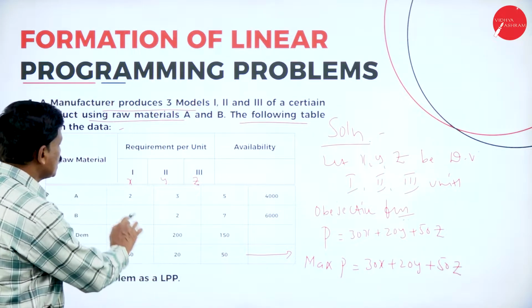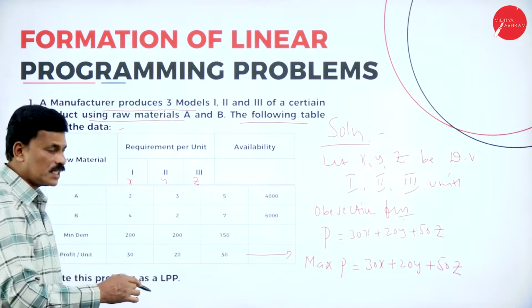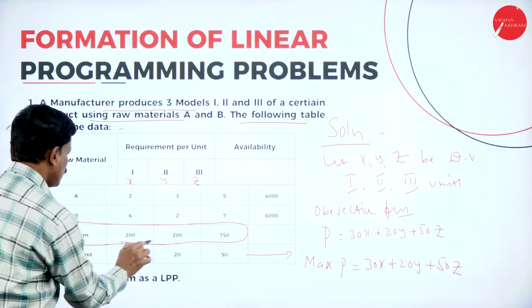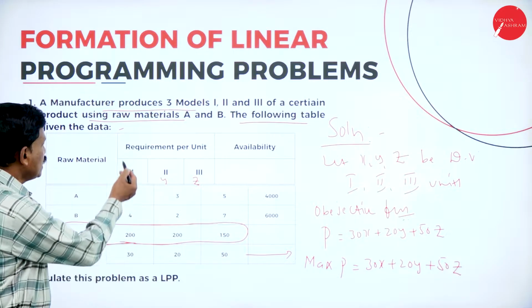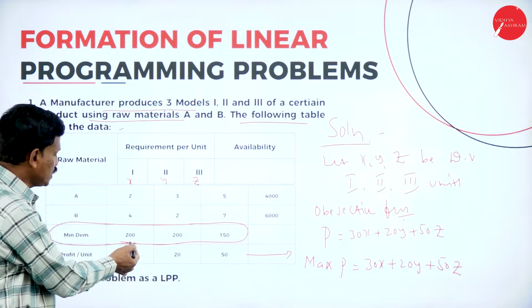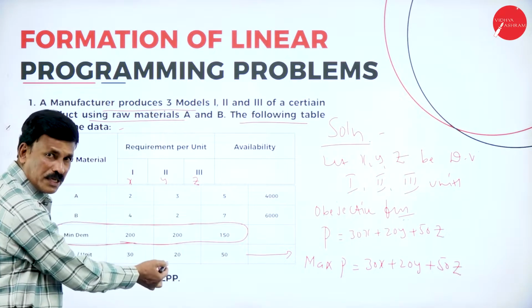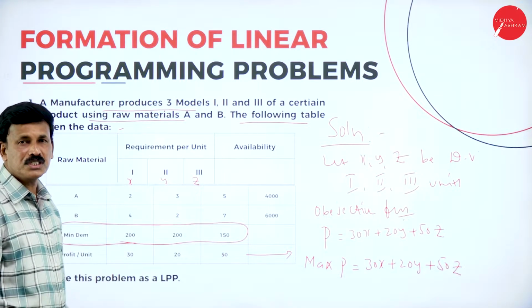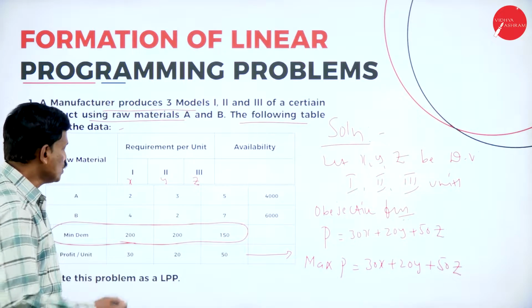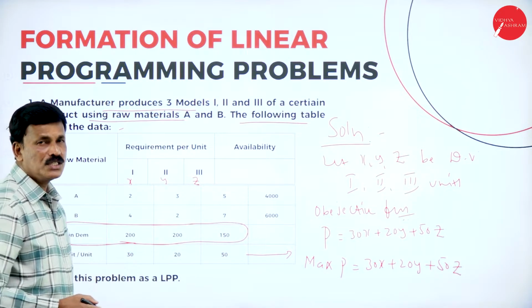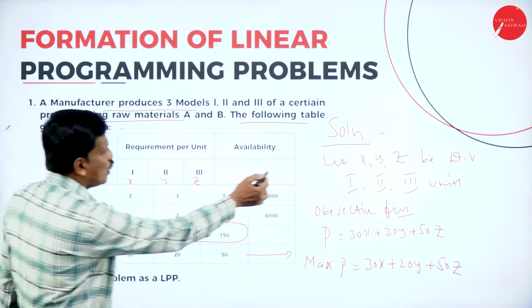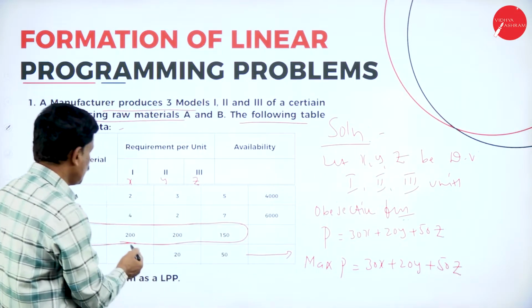Now, let us come to the minimum demand. So profit is taken and the requirement is also taken, and what is left over is the minimum demand. What is the minimum demand? The minimum demand for the first unit is 200. The minimum demand for the second unit is also 200, and the minimum demand for the third unit is 150.